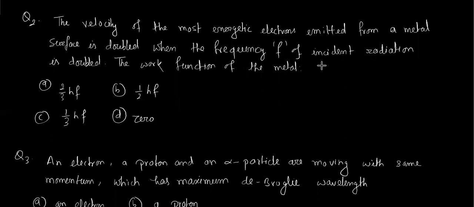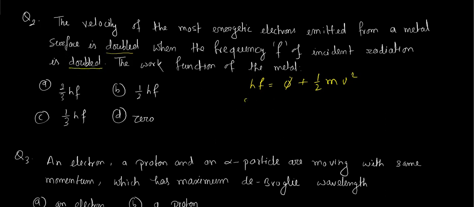For the initial case, the expression for the photoelectric effect is hf equals phi plus half m v square. In the next case, the velocity is doubled and the frequency is also doubled.